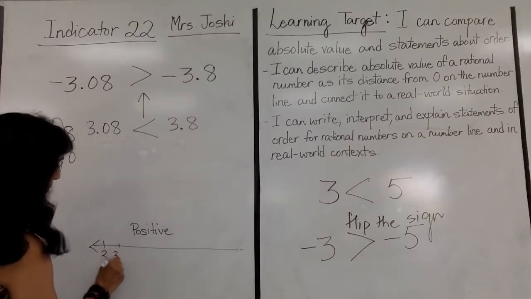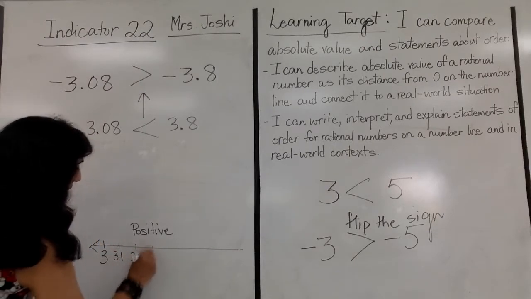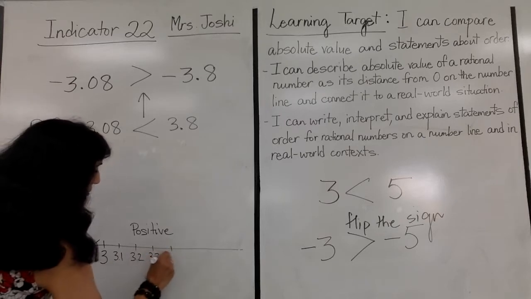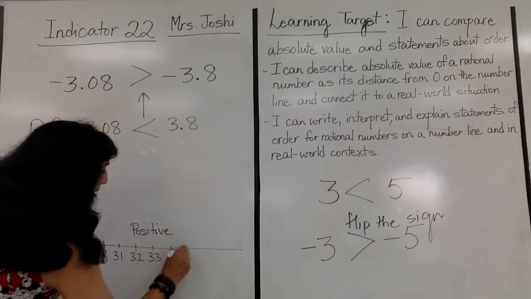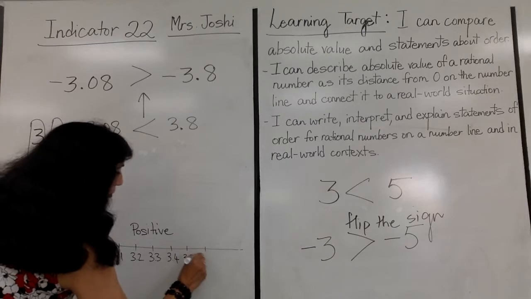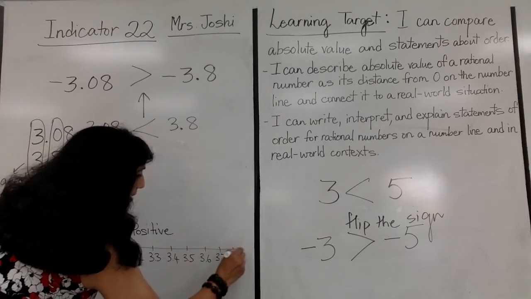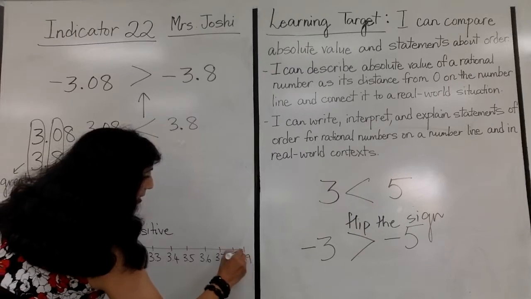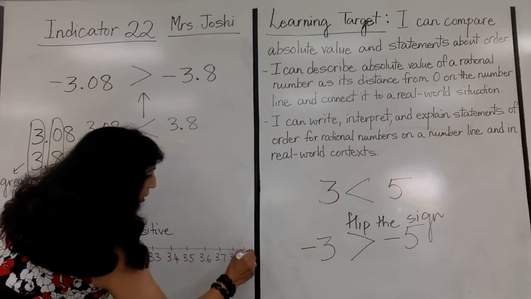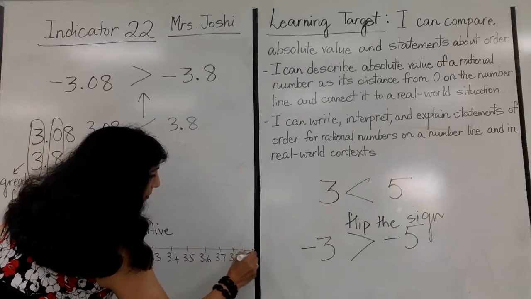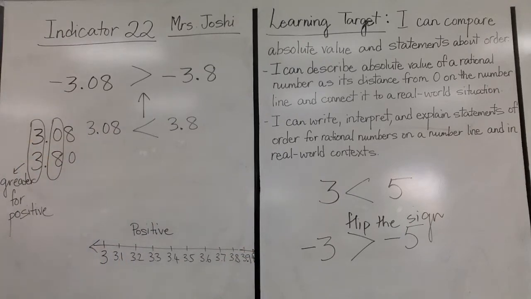So I'm just going to do 3 and 1/10, 3 and 2/10, 3 and 3/10, 3 and 4/10, 3 and 5/10, 3 and 6/10, 3 and 7/10, 3 and 8/10, 3 and 9/10, and then this is going to be 4 over here.